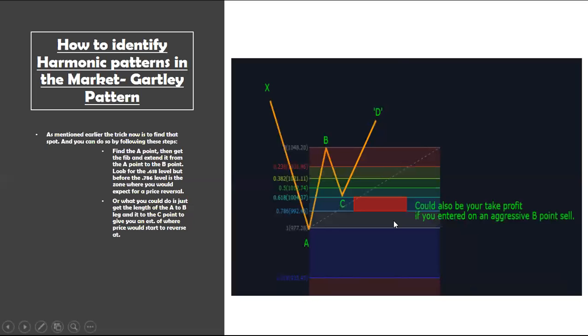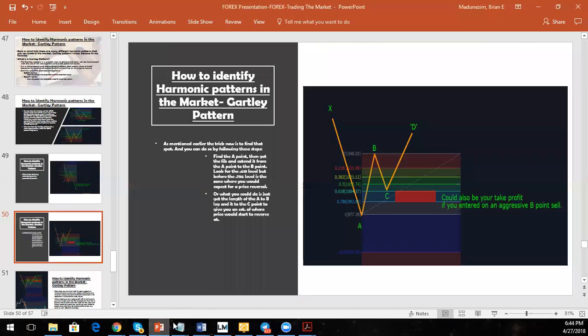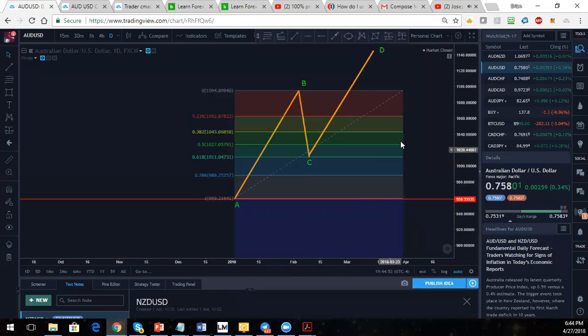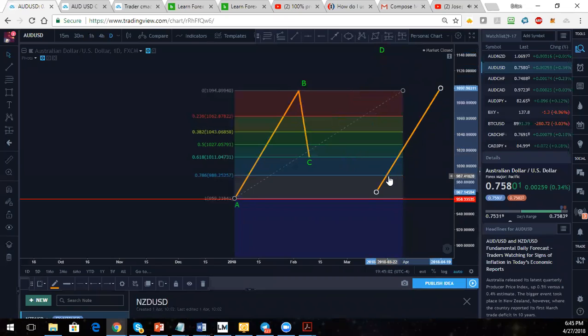So one thing that I recommend, if you were to go into an aggressive entry, let's go back here, guys. I know this is a very lengthy subject, but I feel like we got to talk about it. Okay, cool. So let's say that right now we're looking at an ABCD pattern, right?